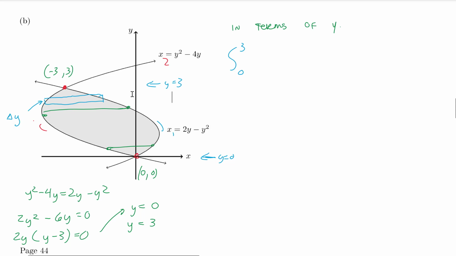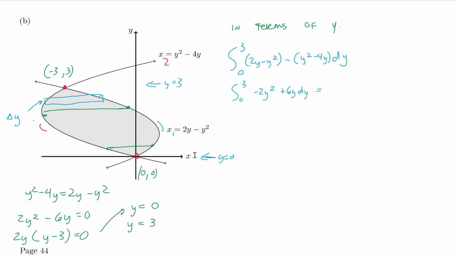And so we're going to do the right-hand endpoint, which is 2y minus y squared, minus the left-hand endpoint, which is y squared minus 4y. And we're going to integrate in terms of y. I'm going to go ahead and simplify this just one step. So we end up with negative 2y squared plus 6y dy.